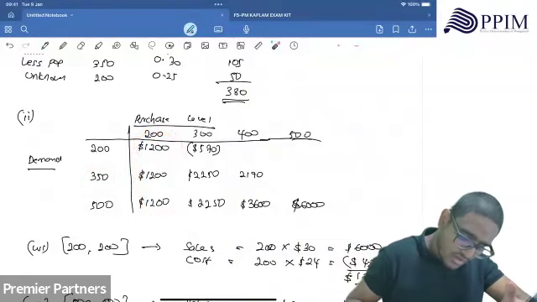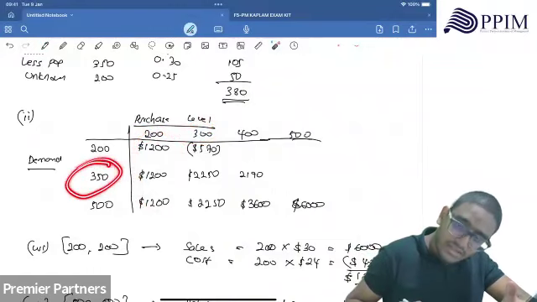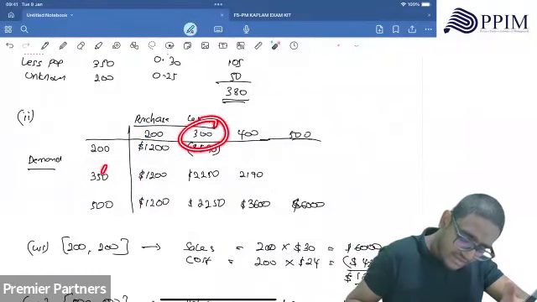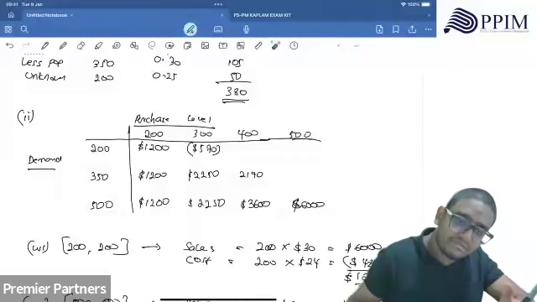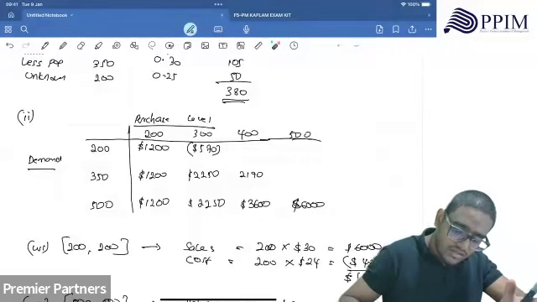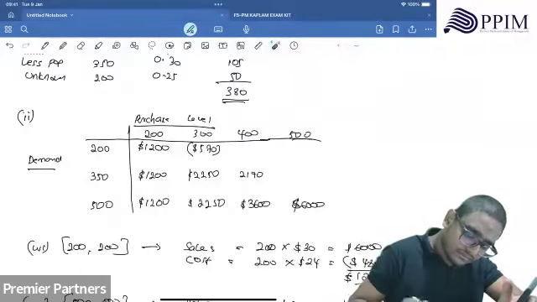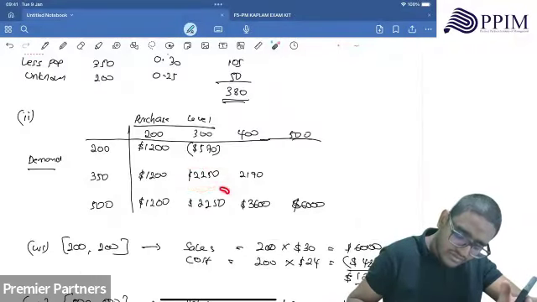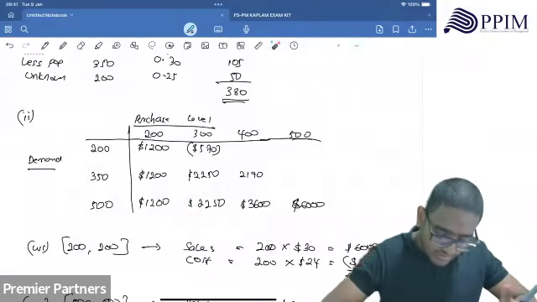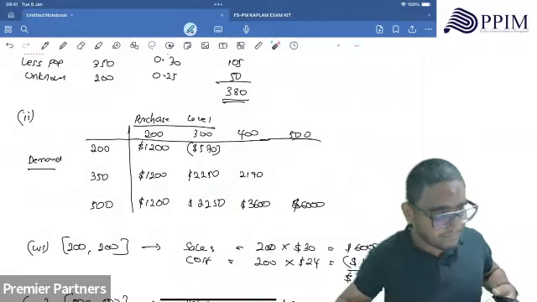Makes sense? At 300 and 350, when you have 300 tickets and demand is 350, you can maximum sell 300 tickets. Profit is 7.5 per ticket. So I multiplied that, I got 2,250. That should still remain the same as here. Now I have to only do workings for 3 more points.